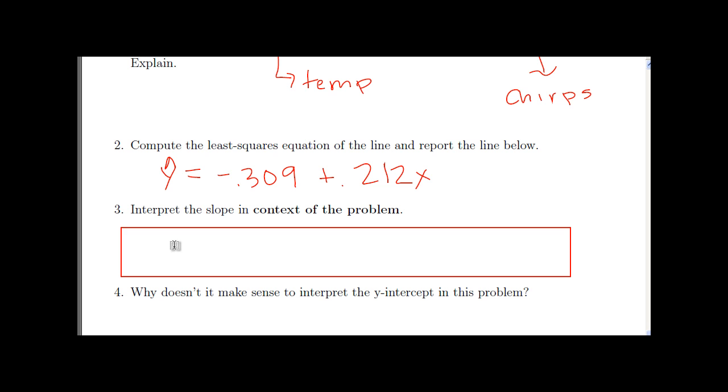And so I would say something like for every degree increase in temperature, the number of chirps per second increases, because the slope is positive, by 0.212. So that is what the slope means in context of the problem. We're increasing x by 1 unit, so 1 degree, then y is going to increase by the slope, so 0.212.